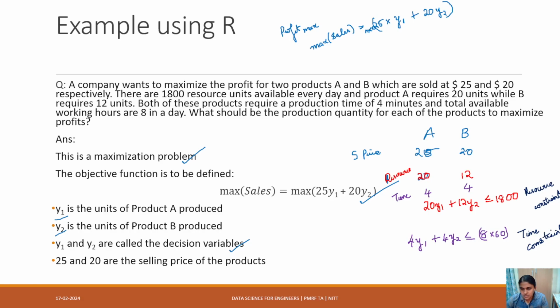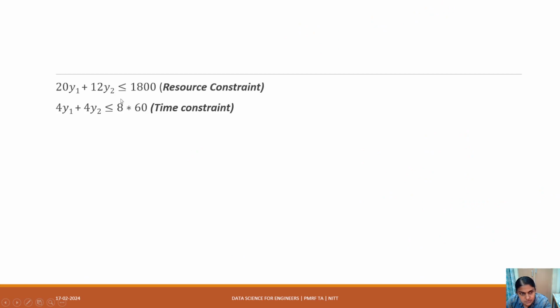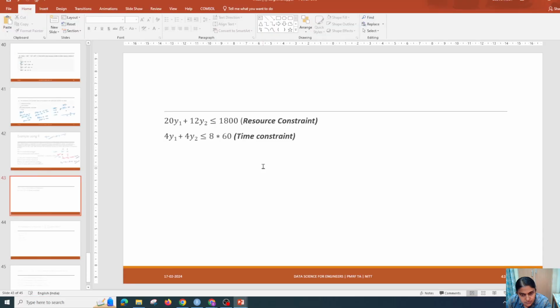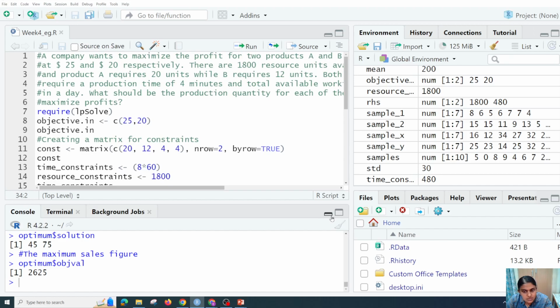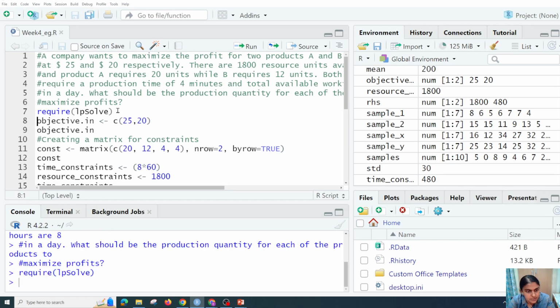Now I'll do the same thing in RStudio. I have written this here. For this I'll require a new library, so I will minimize this.